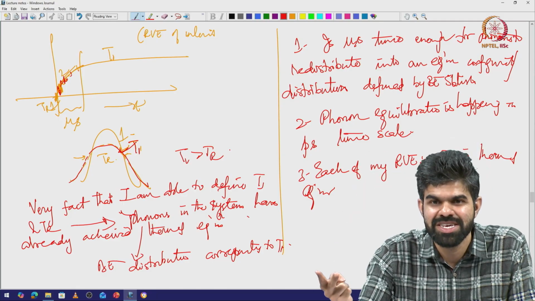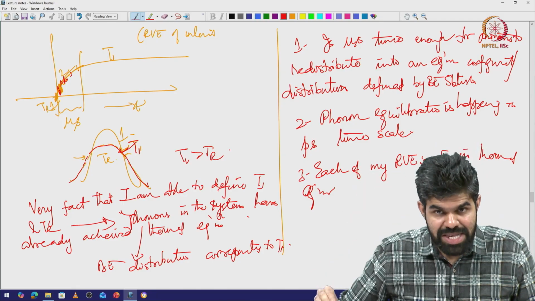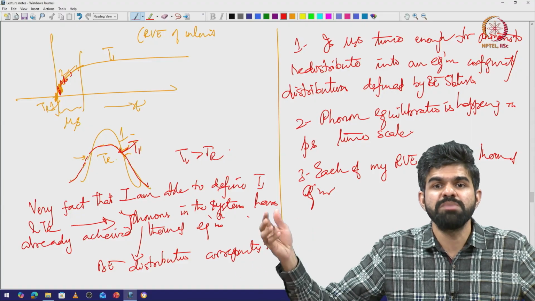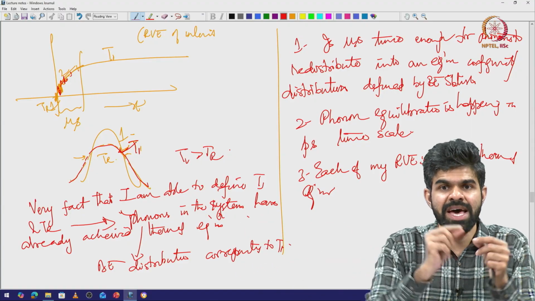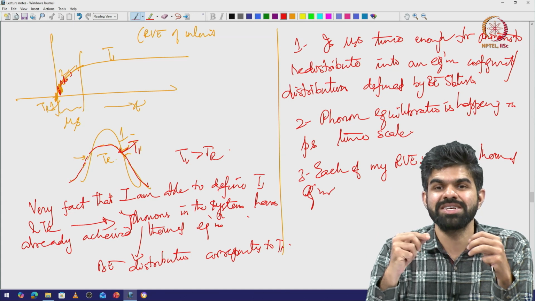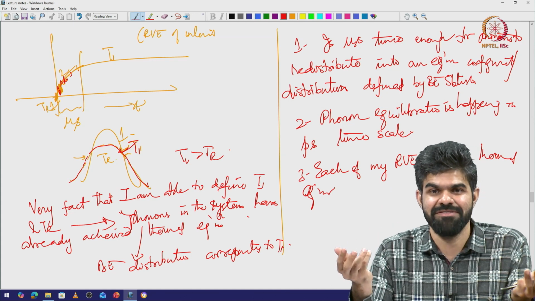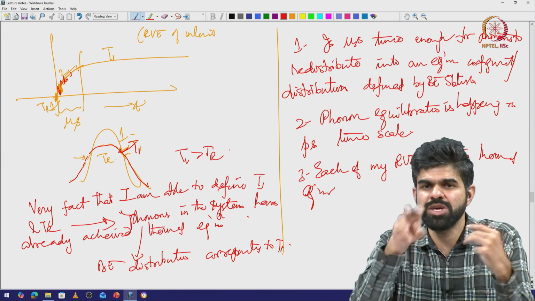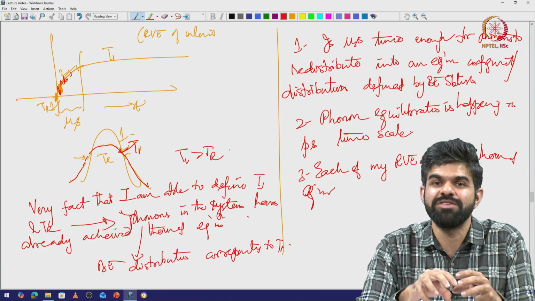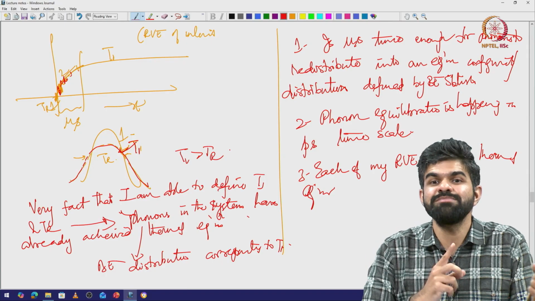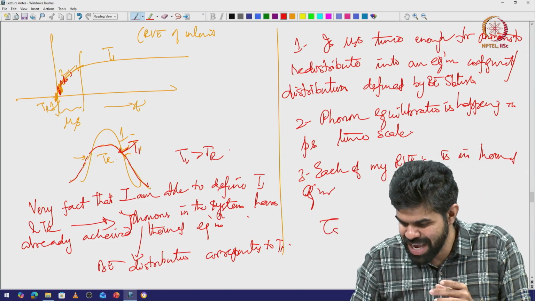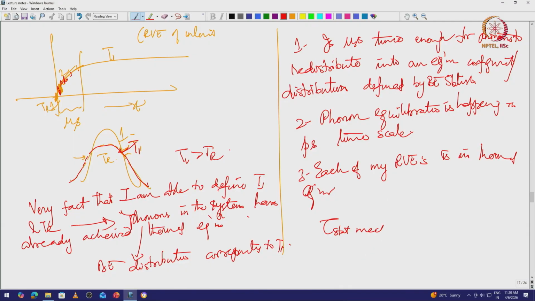Both are correct, right. Heat is flowing, yes, at a time scale which is much longer than that of every individual element trying to equilibrate with itself, right. That means the gas molecules or the phonons are trying to equilibrate with themselves, right. So it is a time scale problem. The StatMech time scale is much smaller than the heat flow time scale.